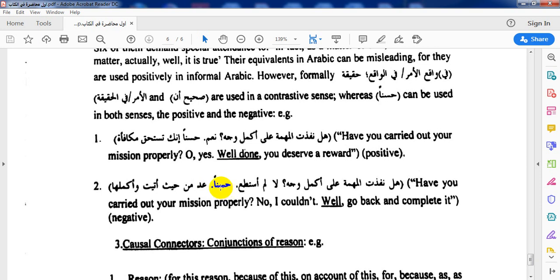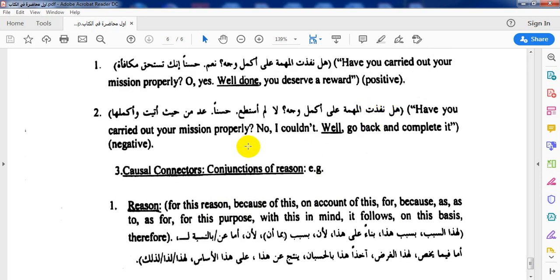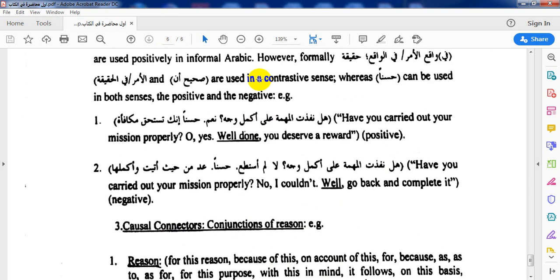Okay. حسنا, though we feel for the first time when we read it that it has a positive sense, in this context it has a negative sense. So dear students, you have to be careful in using those connectors.